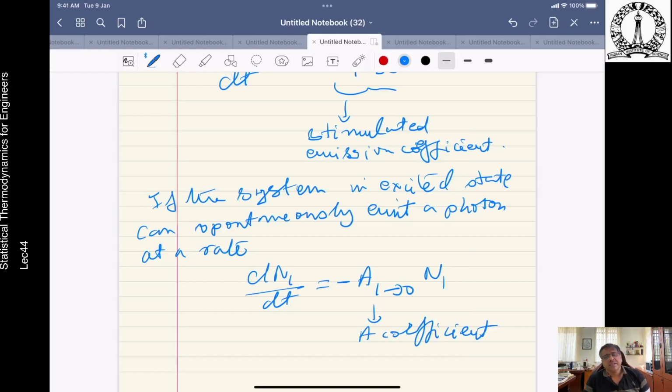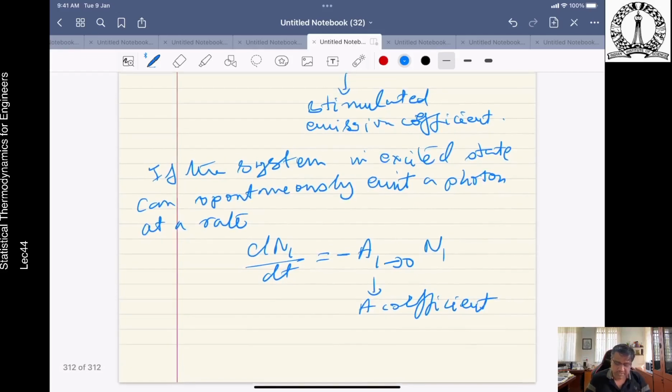Okay. So since the system is at equilibrium, the rate of population of the excited state by absorption must balance the rate of depopulation by stimulated and spontaneous emission, right?